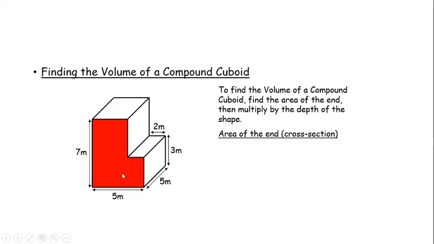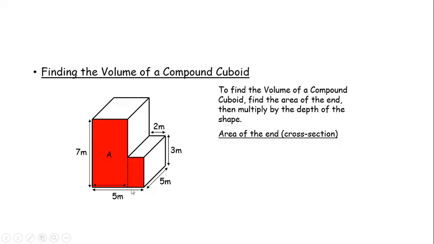Now to do that, what I'm going to have to do is split this into 2 rectangles. So I split it down there, and I'm going to have rectangle A, and I'll call this one rectangle B. Now if we look, rectangle A, we know it has a length here of 7 meters, but we need to figure out what this arrow is.